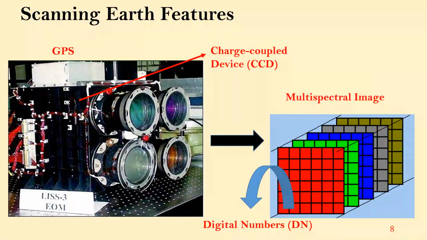Here you have four different camera sensors that are sensitive to particular wavelengths like blue, green, red, and also near infrared. It also has an inertial global positioning system that captures the geo coordinates of Earth and stores them along with the reflectance energy.